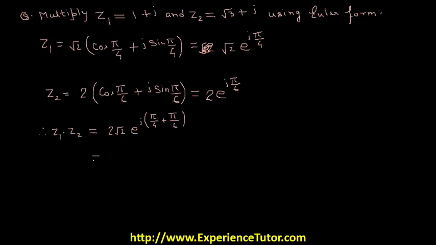Therefore, 2 root 2 e to the power i 5 pi by 12.